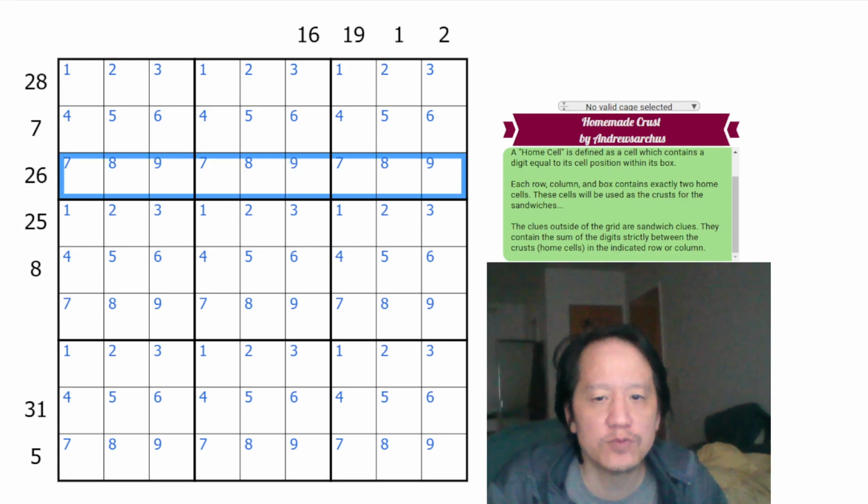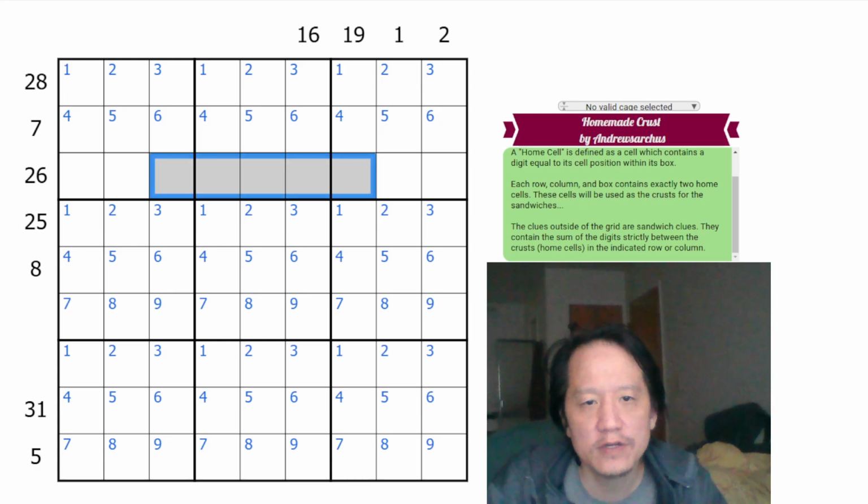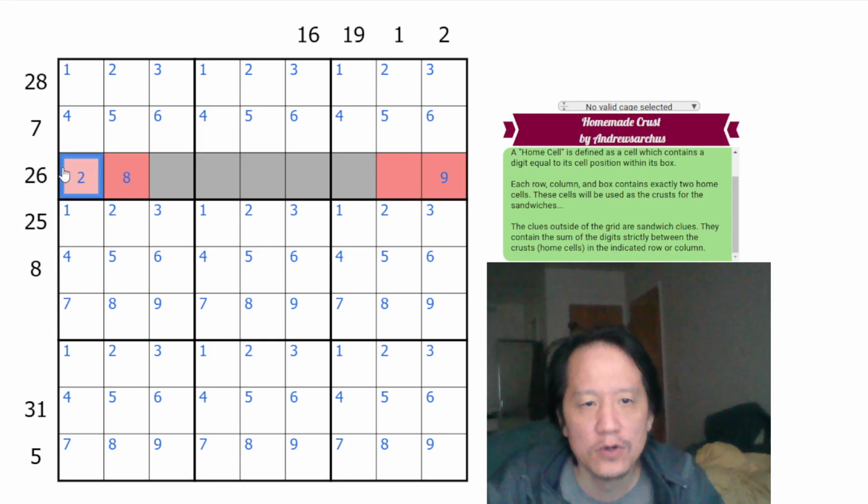So for this one, we know now either this is 8. So, okay, all the possibilities are these are not valid crust cells. It has to be one of these two. So either this is 8 and this is 9 and this is 2, or I think this has to be 7, 8, and this is 4, right?